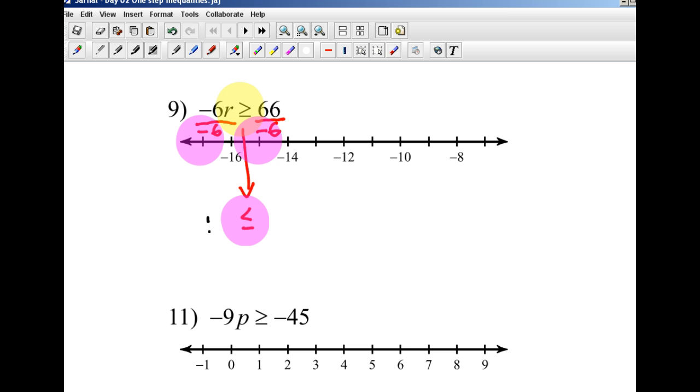We get R and negative 11. Closed circle. And left or right? Less than or equal to? Everything going that direction.